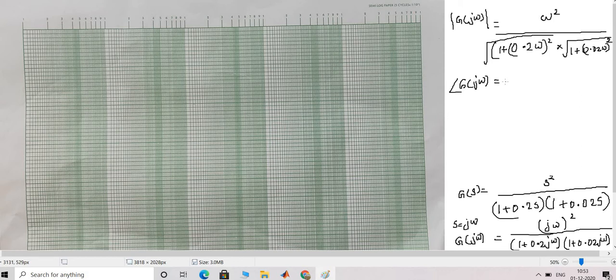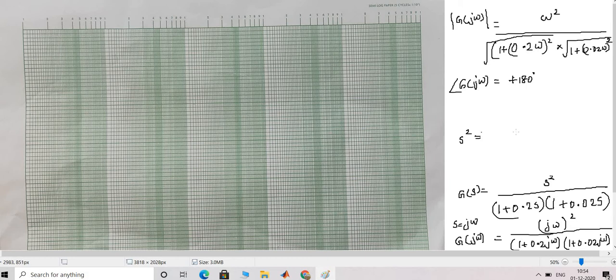We know that when there is an s term in the numerator, the phase angle will be +90. Since there is an s² term, the numerator phase angle will be 2 × (+90), or +180 degrees.